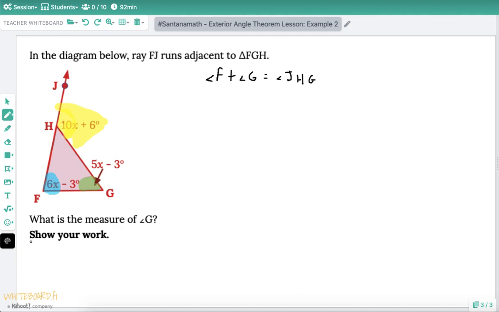We are specifically asked to find the measure of angle G. So let's keep that in mind. We're only going to focus on this once we figure out what X is, because we can figure out what X is here. All right, so angle F is the blue angle and is represented by 6x minus 3.